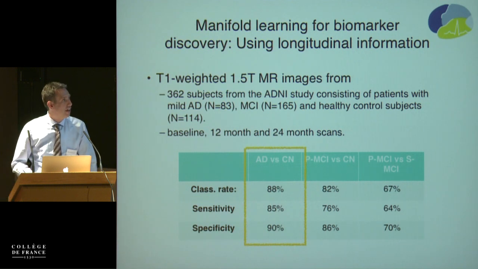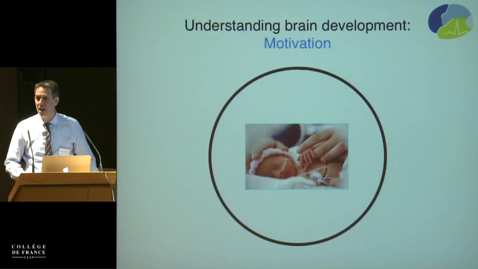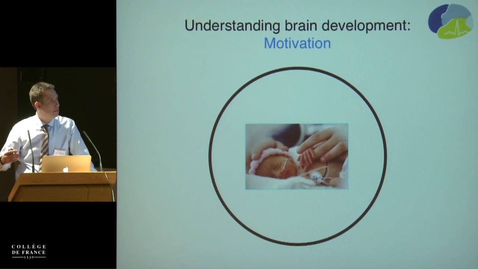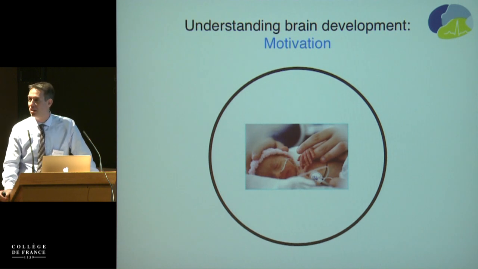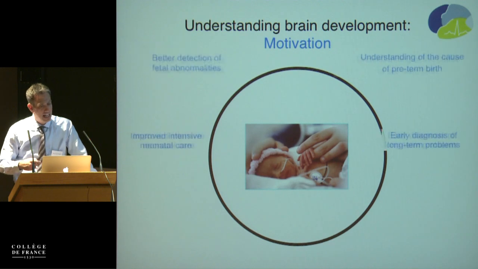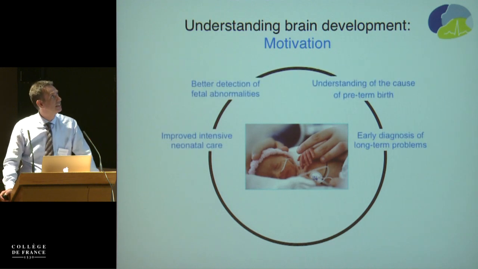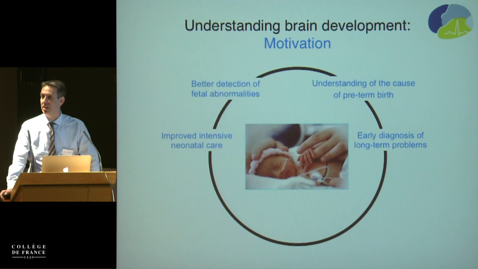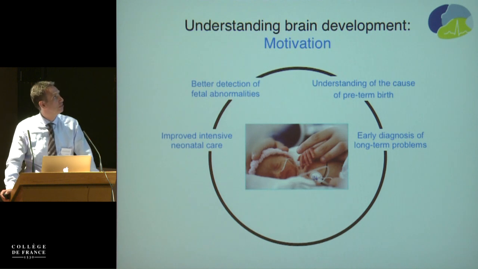So in the final application, I want to show you how all these three different areas, image acquisition, image segmentation, and biomarker discovery, come together. And I want to give you an idea of an application which we work on in our group quite a lot, and that's really looking at how the brain is developing inside as a fetus, inside the mother, but also as a consequence of preterm birth.